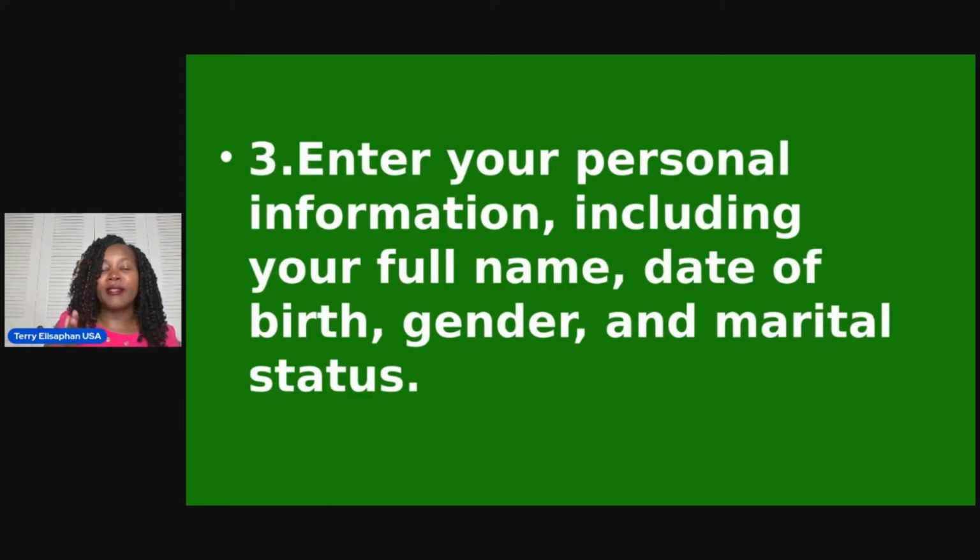There are different sections provided on the DS-260 form, but you start with the personal information, and this information includes your full name, date of birth, gender, and marital status.